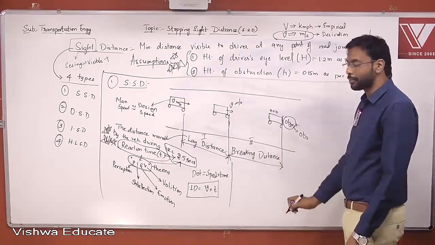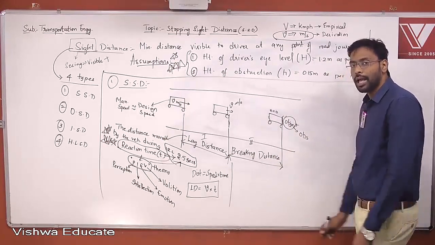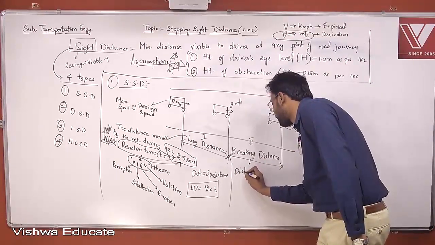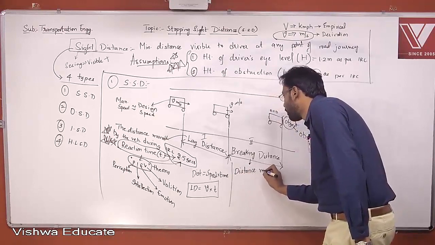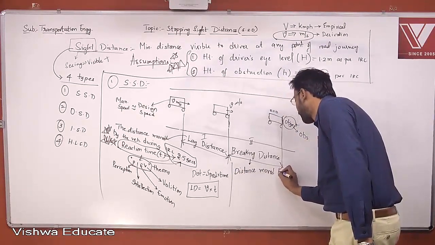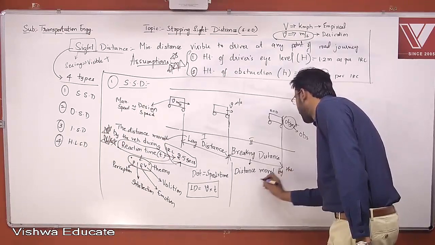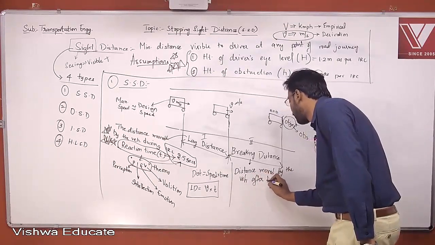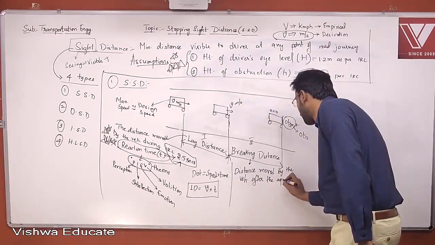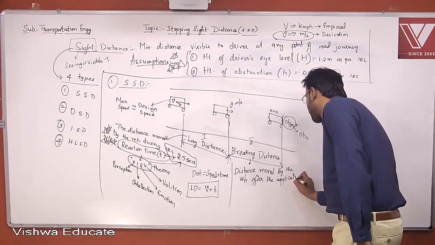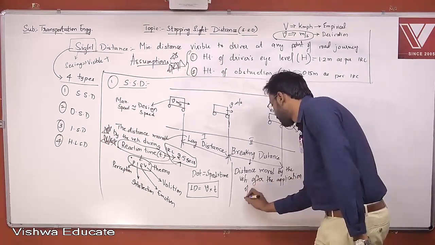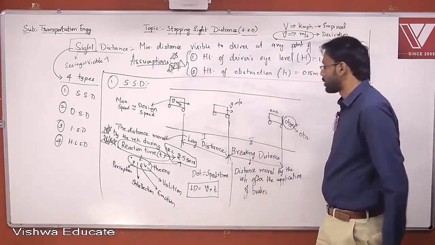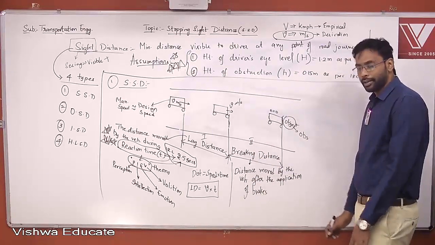Right? Braking distance. As simple as it is. Distance moved by the vehicle after the application of brake. So that's why it is called as braking distance.